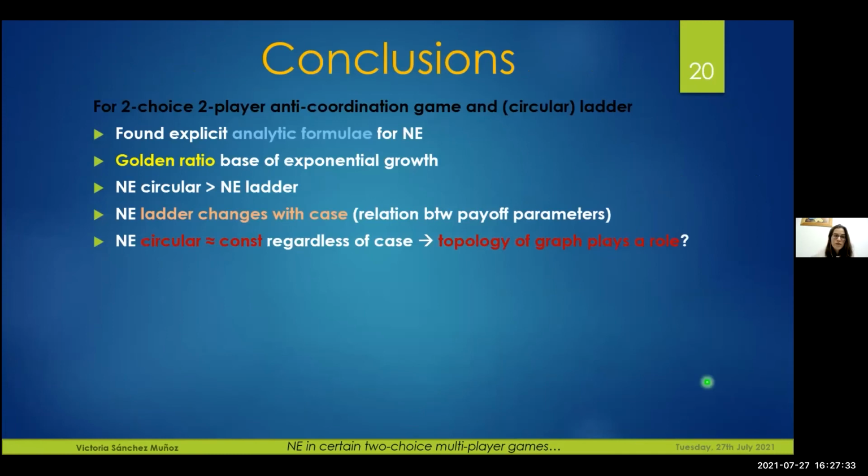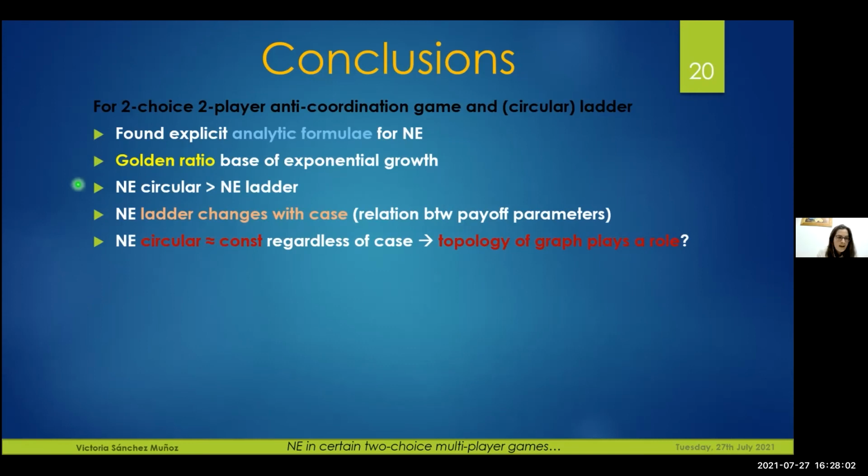So let me just conclude. For our 2-choice 2-player anti-coordination game and both graphs, first we found an analytical formula to count the number of Nash equilibria, which is very nice because usually you just take an algorithmic approach to that, but we didn't. Second, a striking result was that the golden ratio was there, totally unexpected.